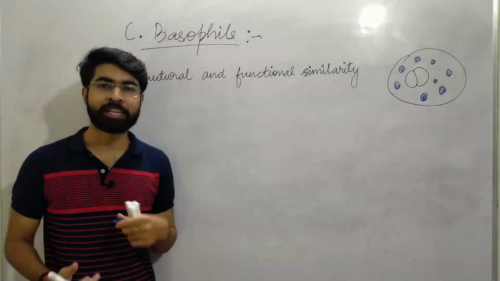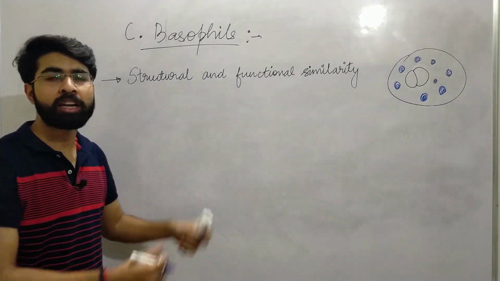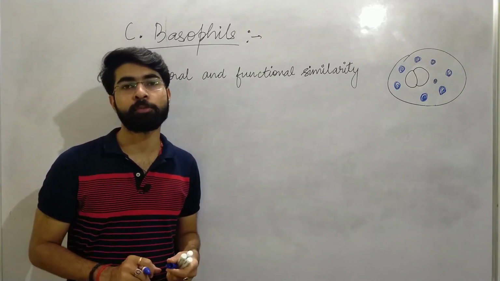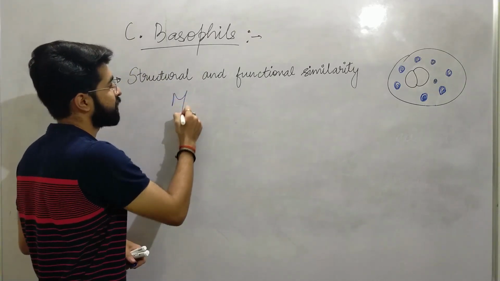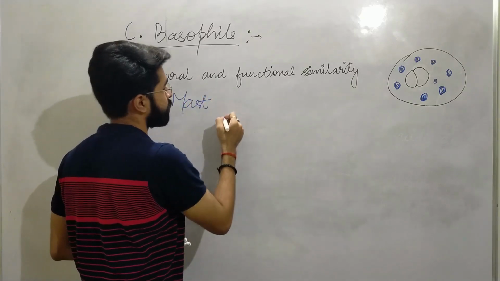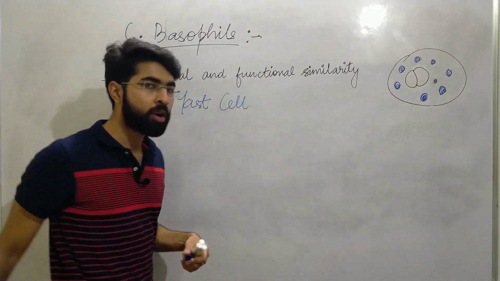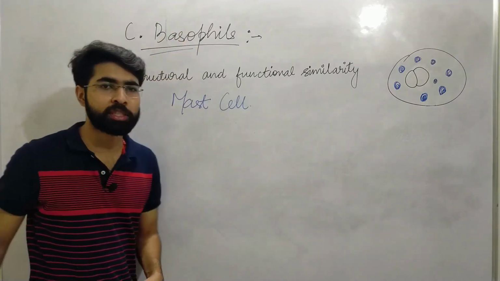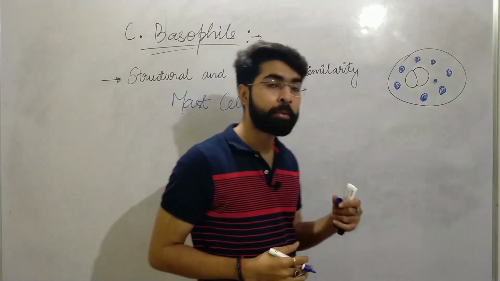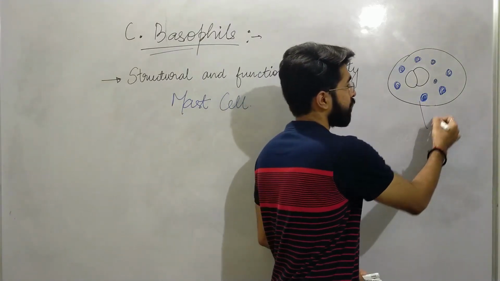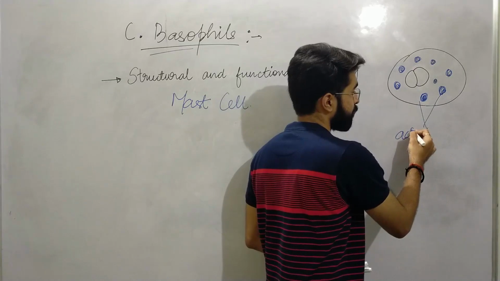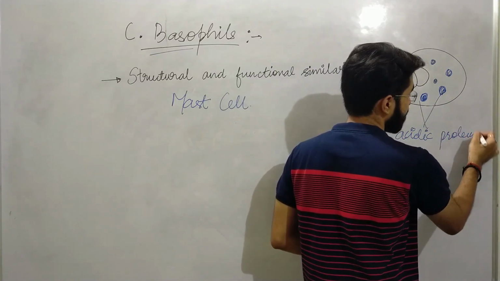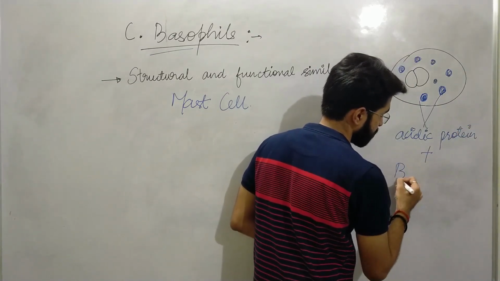Now let us discuss basophils. These basophils are blood granulocytes that have structural and functional similarity to mast cells. Now let us discuss why the name basophils. They have been named basophils because the granules of these basophils contain acidic proteins which bind to basic dyes.